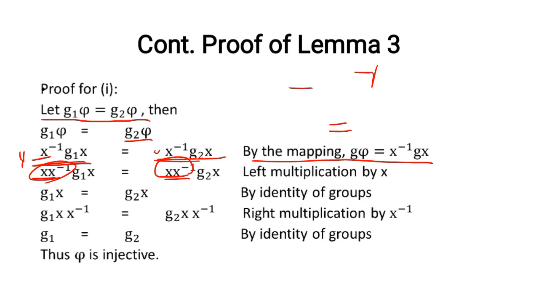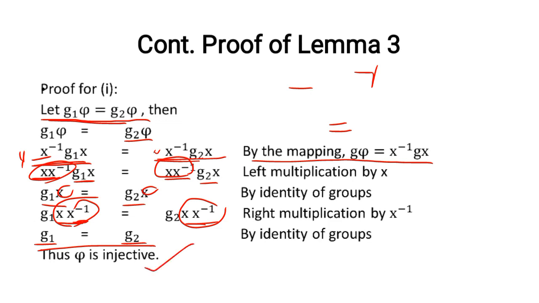So if this is identity, what are you left with? You're left with these terms, right? I still need to get rid of this x. They're blocking my G1 and G2. So I multiply on my right-hand side, on the right, not on the left, with x inverse, and this entire term goes to identity. If it goes to identity, you're just left with G1, G2, and so we have assumed this, and we have finally gotten that G1 equals G2. Hence, phi is indeed injective.